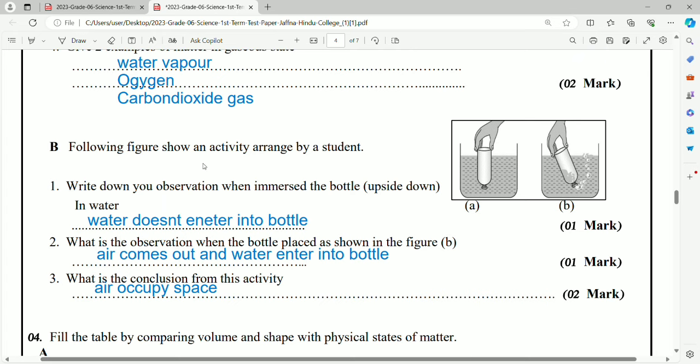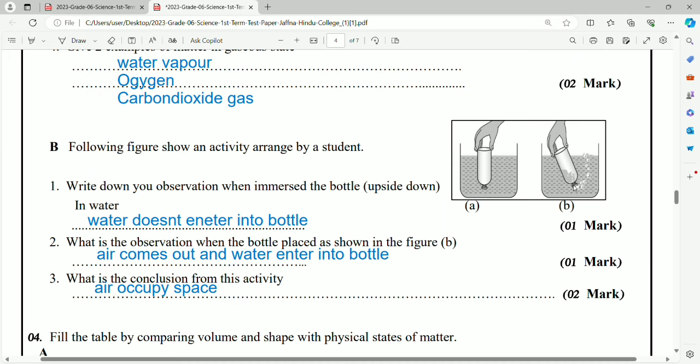The following figure shows an activity arranged by a student. Write down your observation when a bottle is immersed upside down in water. So in figure A, water doesn't enter into the bottle. And what is the observation when the bottle is placed as shown in figure B?